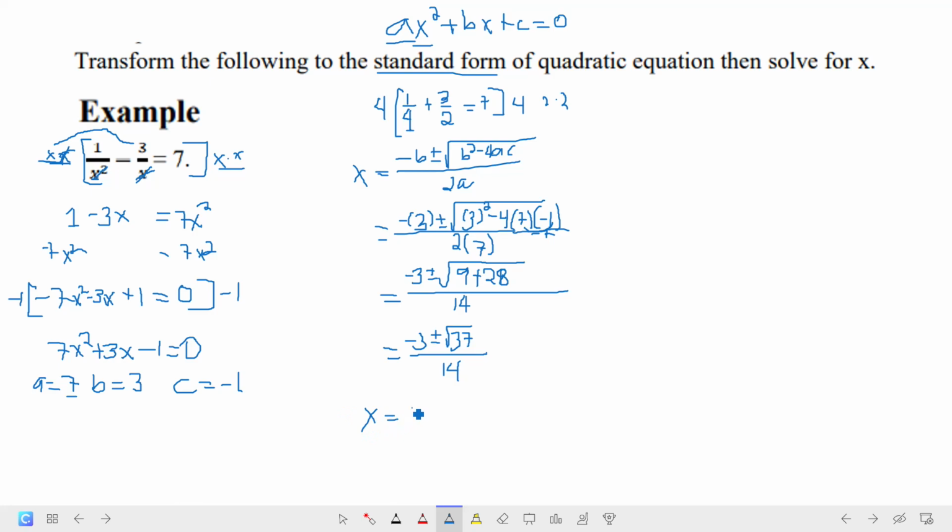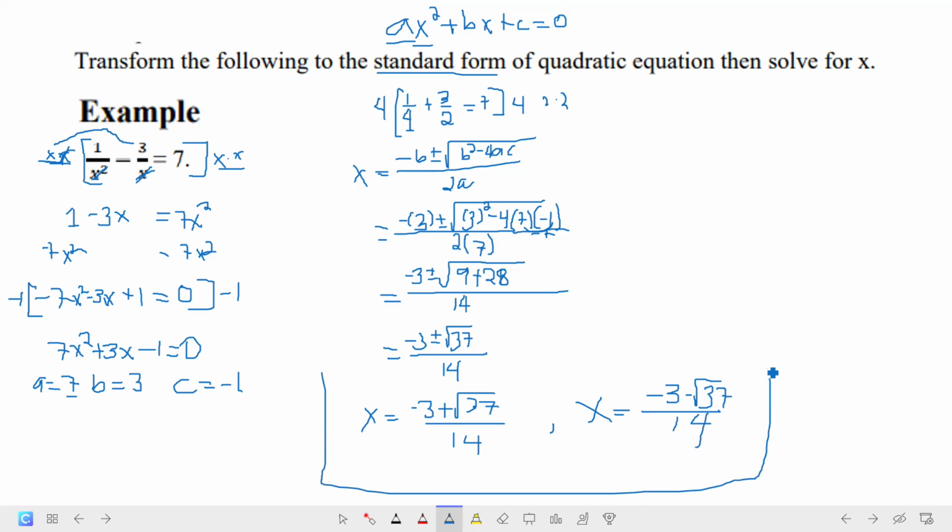X of 1 na natin is negative 3 plus square root of 37 over 14. And then the other one is negative 3 minus. This time is minus. Kasi plus na yung kanina, minus naman tayo. Square root of 37 over 14. And this is now the solution.